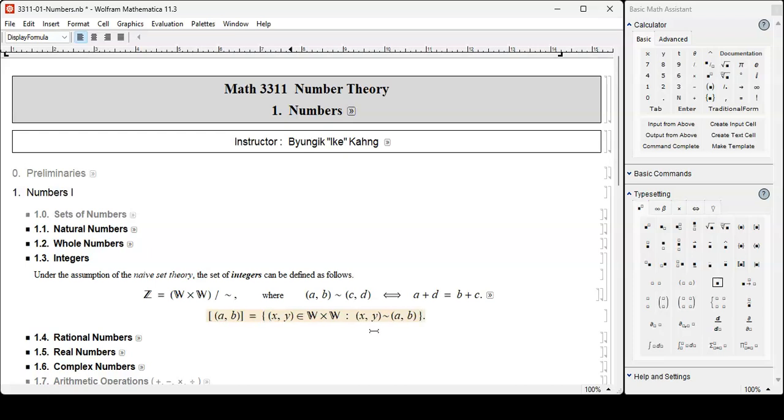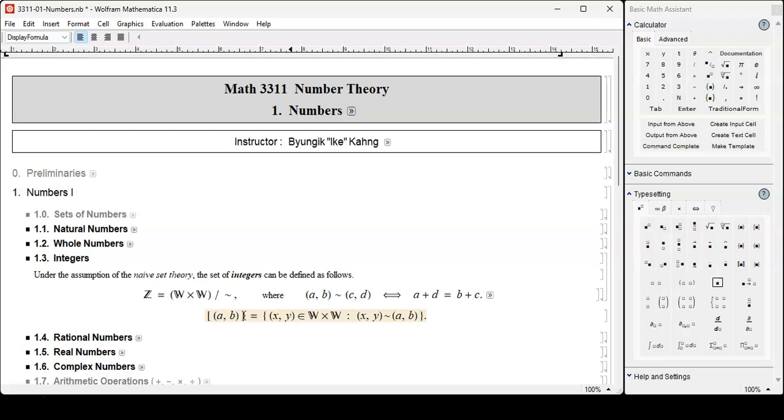So, the set of all (x, y) from the starting set that is equivalent to (A, B), the representative. And typically we used to use bracket notation for equivalence classes, remember? That's the most typical expression we used in Introduction to Proof class.